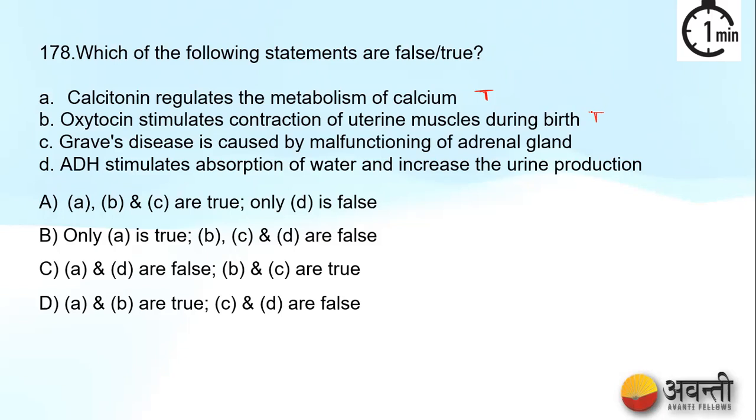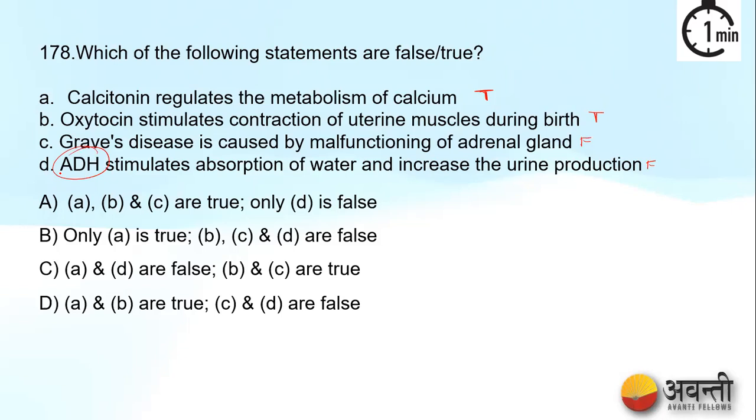Okay, next one. Graves' disease is caused by the malfunctioning of adrenal gland. This is false. Actually, it is the thyroid gland. Graves' disease occurs when there is a malfunctioning in the thyroid gland. Next one. ADH stimulates the absorption of water and increases the urine production. Now, ADH, that is antidiuretic hormone, is a vasoconstrictor.